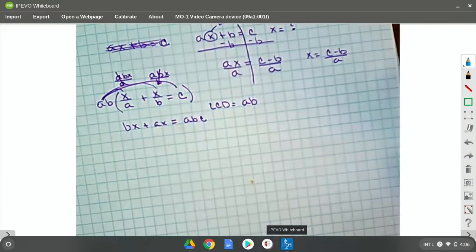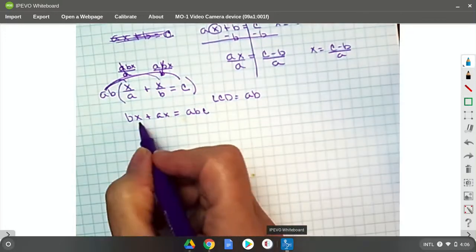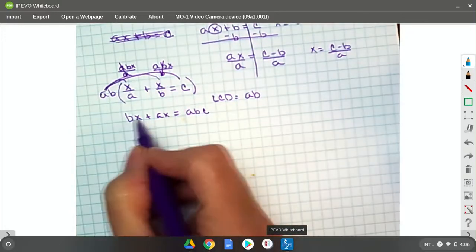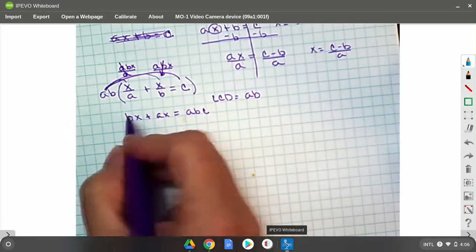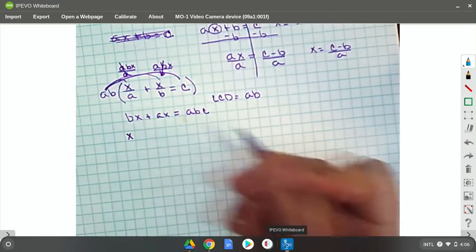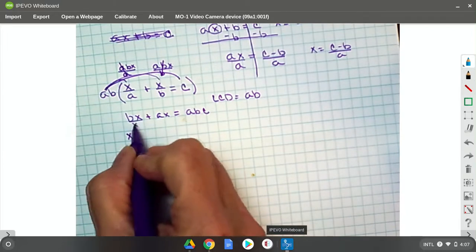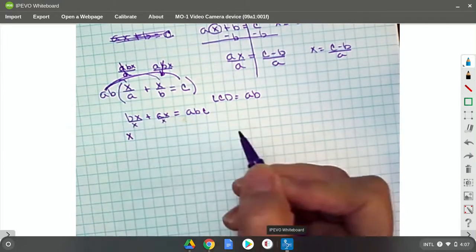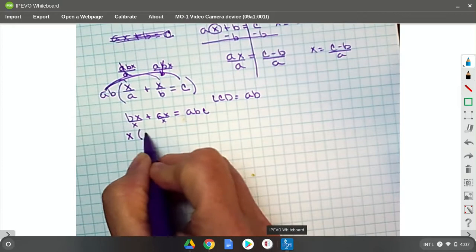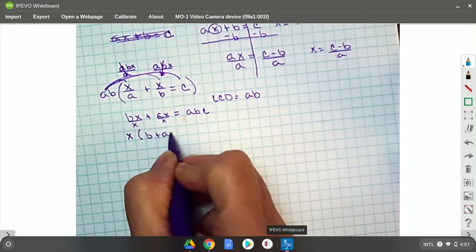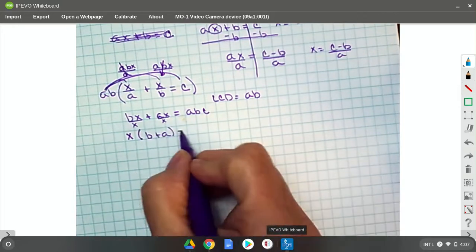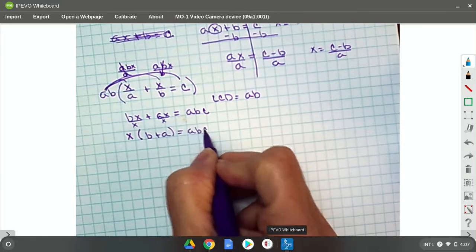All right, I still got to get this x by itself. So since it's a common factor in both terms, I can do my distributive property backwards, and I can pull that x out by dividing both terms by the x, and that leaves me with b plus a, or a plus b equals the same thing.